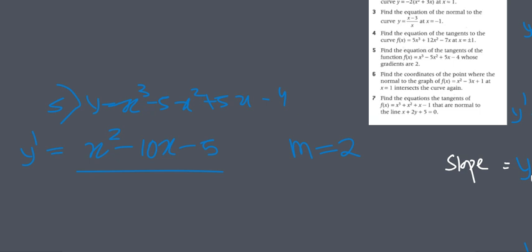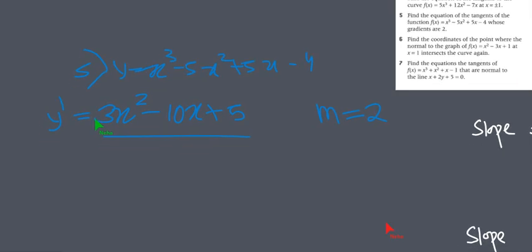Why is it wrong? Still wrong. Now it's correct. What is the derivative of x cubed? 3x squared. Okay.